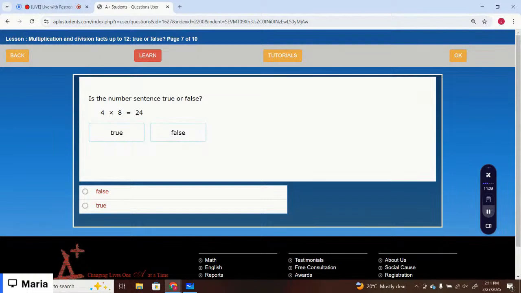Is the number sentence true or false? 4 times 8 equals 24. False, it is. 4 times 8 is 32, right?